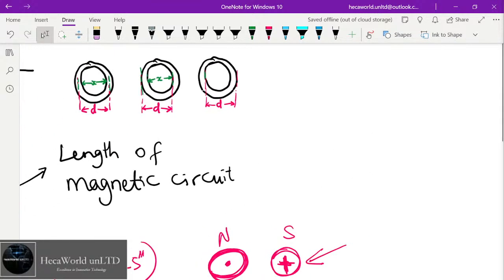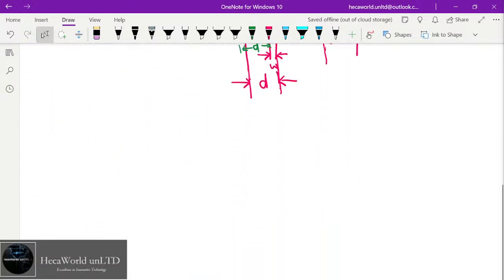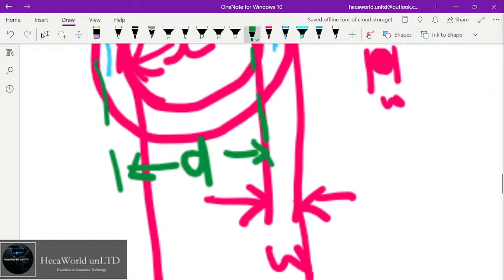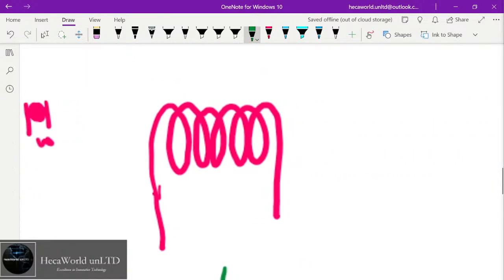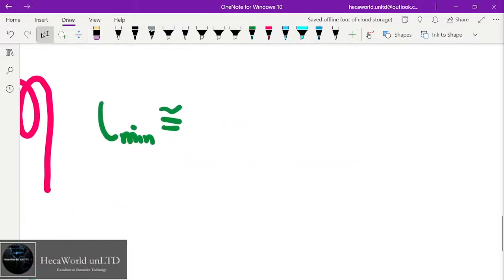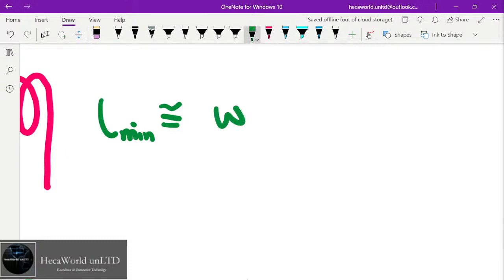And then when you get your D, the number of turns is based on just actual physical turning. So you turn it, and I can tell you that the minimum length of this coil, the minimum L, this L here, will be, here we estimated that the width of the wire is W. So L minimum will be equivalent to W, which is the width of one wire, multiplied by N, which is the number of turns.